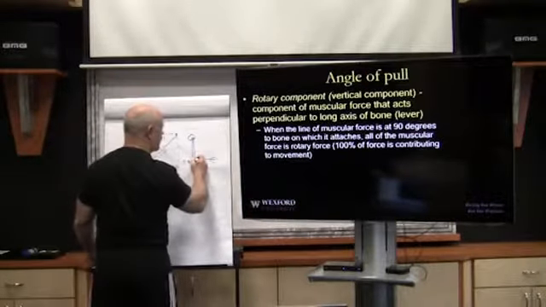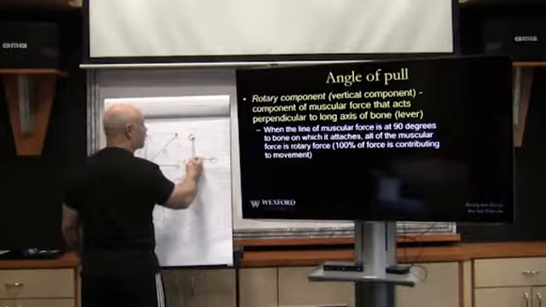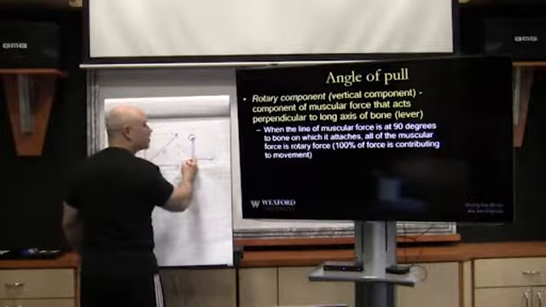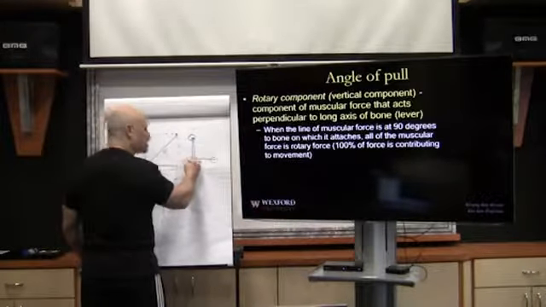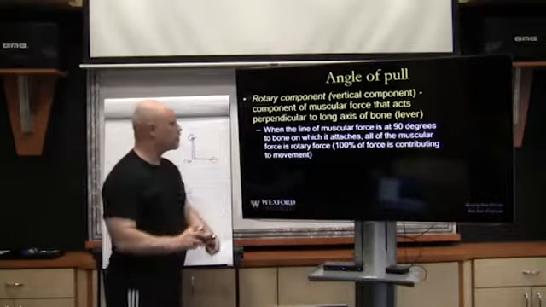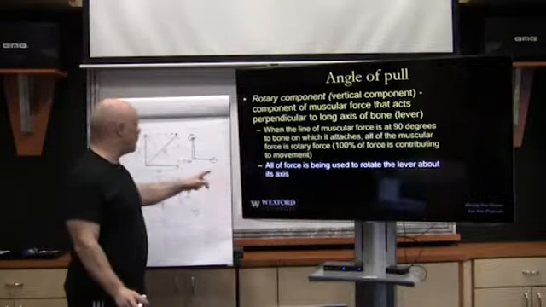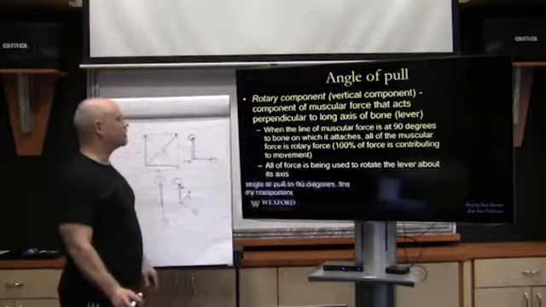At this point, we have 90 degrees. So all the muscle force is rotary. There's no stabilizing component, there's no dislocating component, it's all rotary at 90 degrees. All the force is being used to rotate the lever about its axis right there.